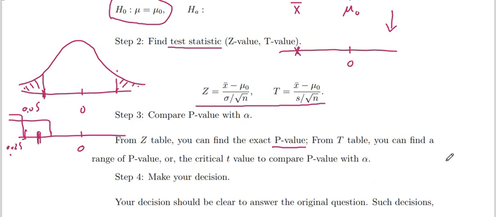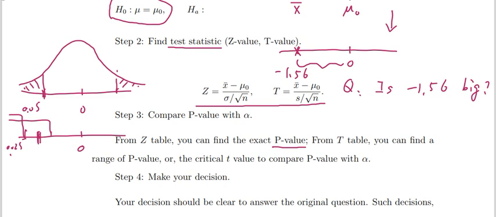And the other way is to find the critical value. If we want to determine whether this difference, or this given number, is big or small, suppose we have this number, negative 1.56. We want to determine whether this is a big number or a small number.